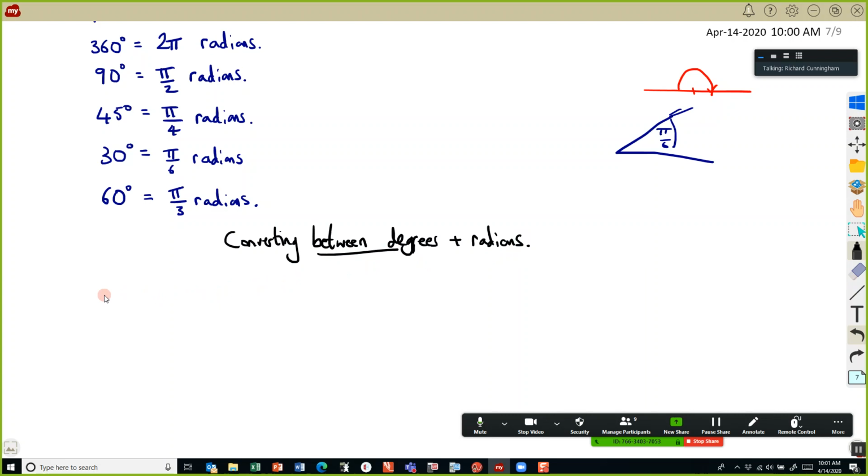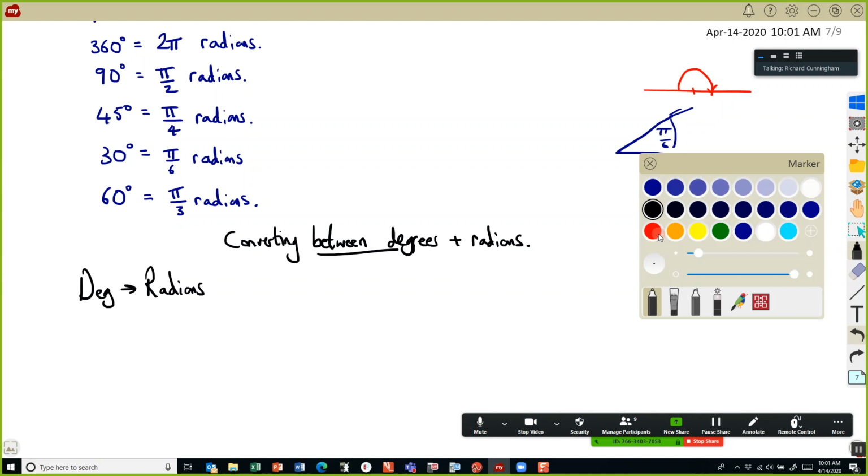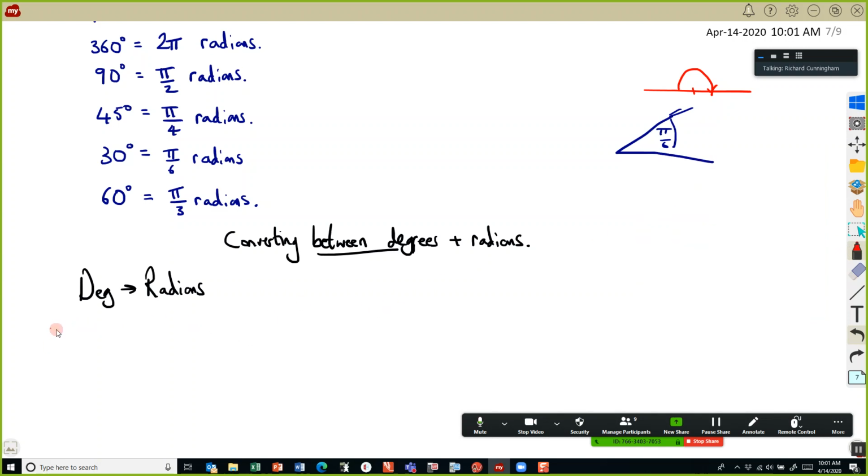All right, so to go from degrees to radians, all we have to do is, maybe I'll do a little how-to video on this, you multiply the degrees by pi over 180.